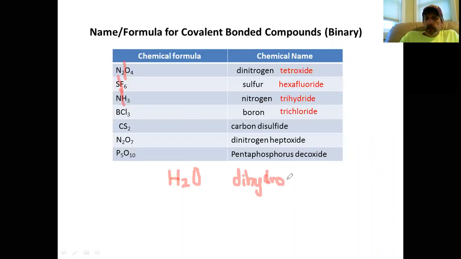Not very good at this writing tool here. Certainly doesn't help that I use a crummy mouse pad. Dihydrogen. And then prefix for 1 is mono. So we'd write mon, right? It's the element oxygen. So we'd use the root word ox. We add ide to the end of it. Dihydrogen monoxide. It's the systematic name for water, folks.